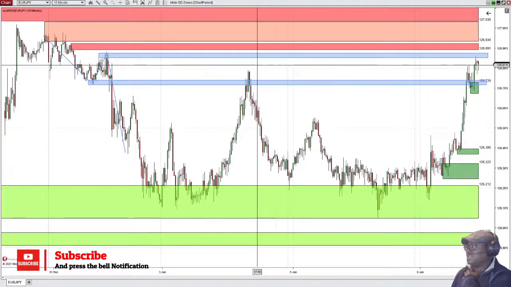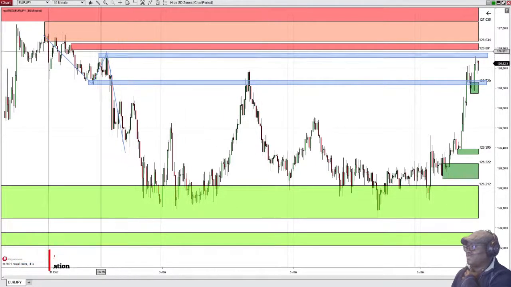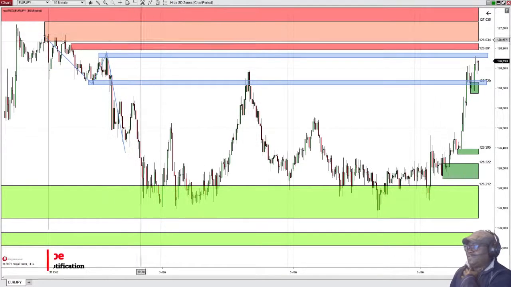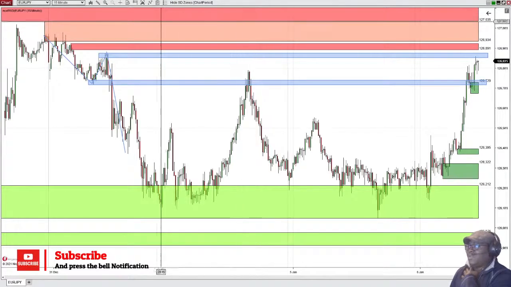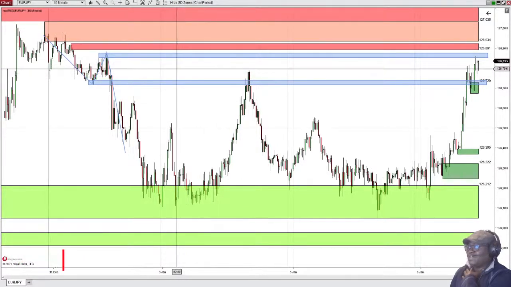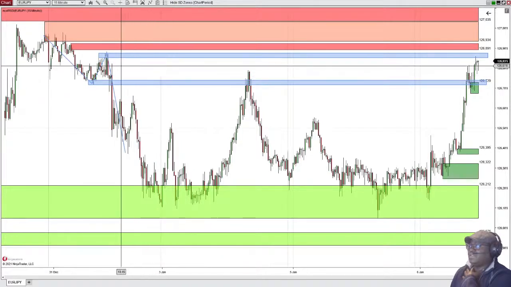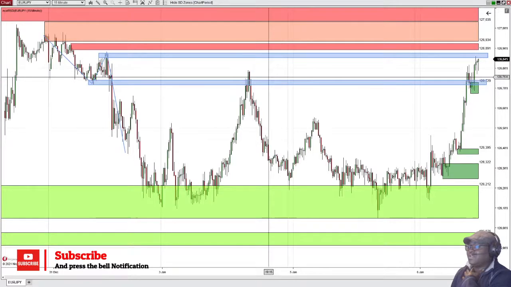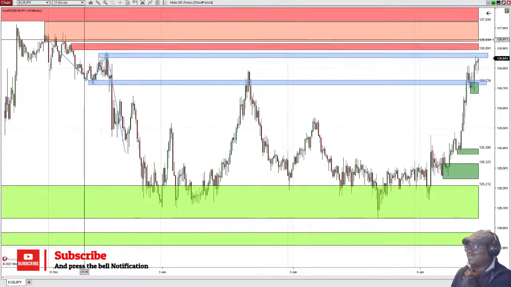You see, I tried to draw the little zone, the minor zone. If you trade supply and demand, you also have to know there are minor zones, weak supply or weak demand, always in there, and you need to be able to recognize them. That's what I already see here.